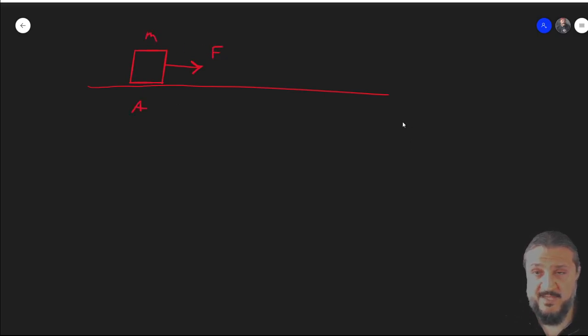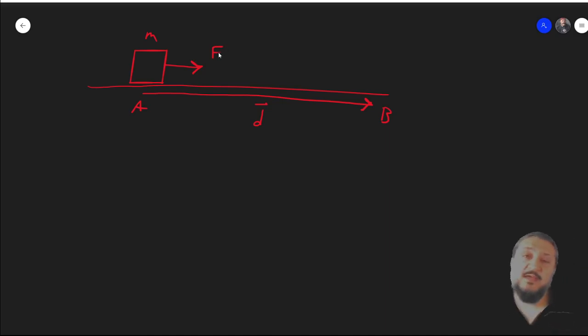So it goes from A to B. But along the way, this is a displacement vector, D, but along the way, F may not be a constant. Even if you're the only person pushing it, you may not be able to push with an exact force every second, right? But we're talking about the force that depends on distance, okay? Not time, but distance. You can plot it.